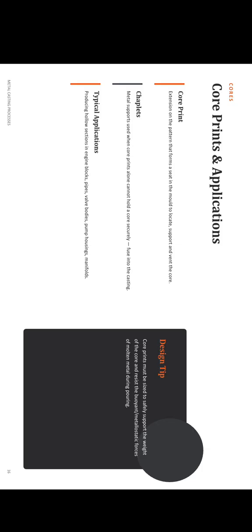Typical application: producing hollow sections in engine blocks, pipes, valve bodies, pump housings, manifolds. Design tip: core prints must be designed to safely support the weight of the core and resist the metallostatic force of molten metal during pouring.